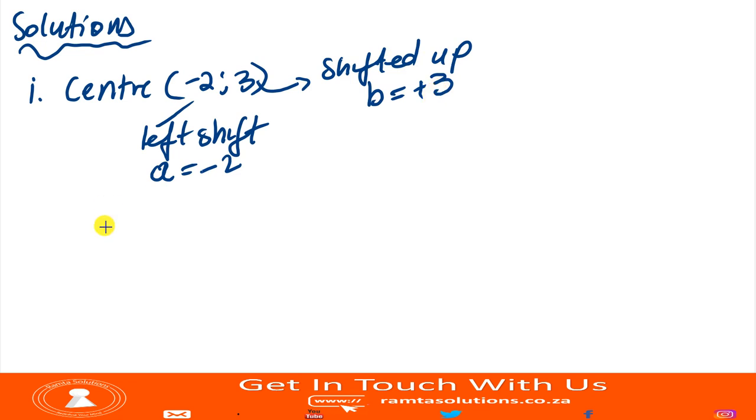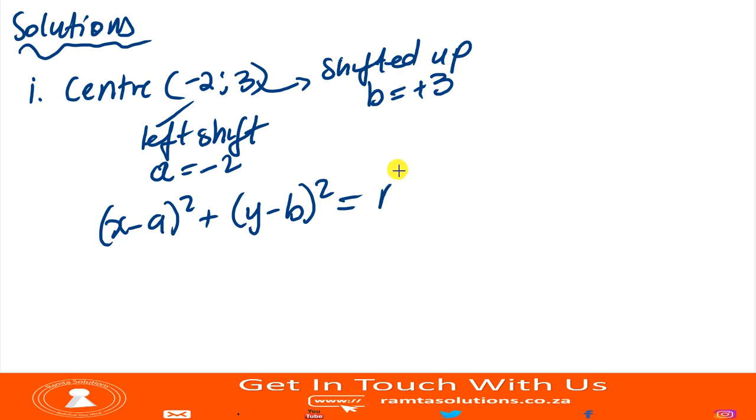Okay, so you recall that we have (x minus a) all squared plus (y minus b) all squared equals r squared. Now, our center, the value of a is -2. Be careful there. The value of b has shifted up. We said it's positive, so we can write it as is.